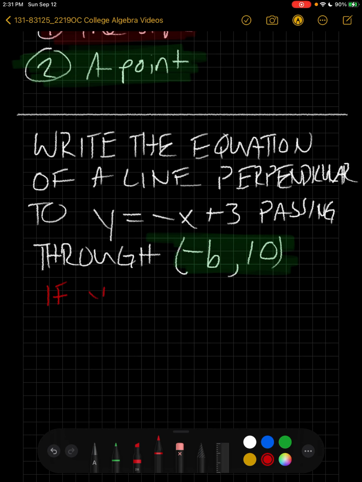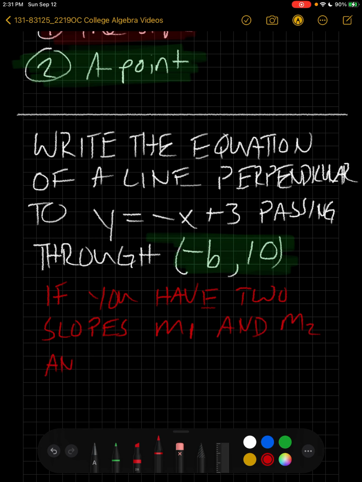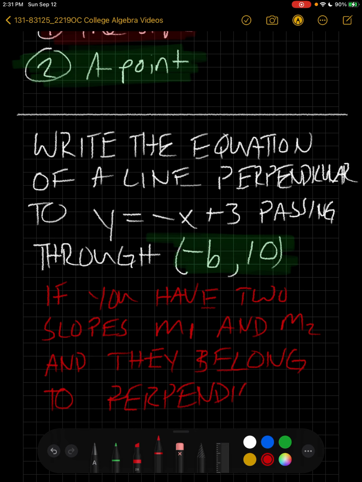So if you have two slopes, let's call them M1 and M2, and they belong to perpendicular lines, the following fact is true.